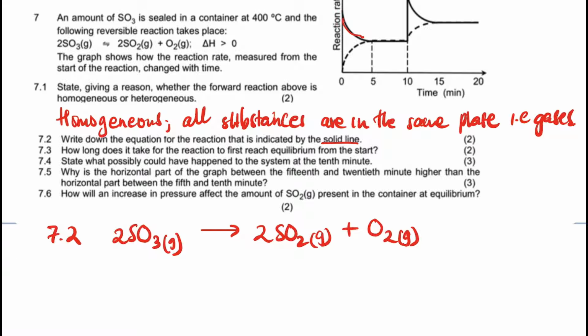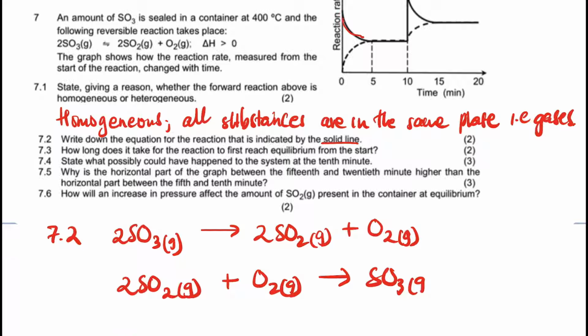So let's say if they wanted me to write the reverse reaction, I would write 2 sulfur dioxide in a gaseous state plus the oxygen in a gaseous state, and then the arrow, and then 2 sulfur trioxide in a gaseous state.